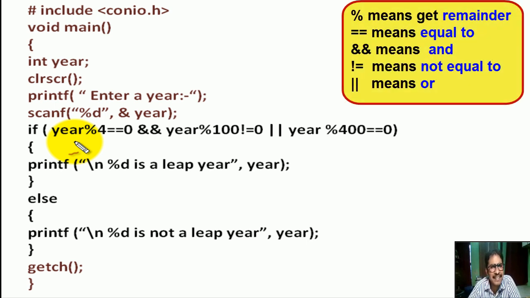For leap year, the first condition is year is divisible by 4 and not divisible by 100. Okay.